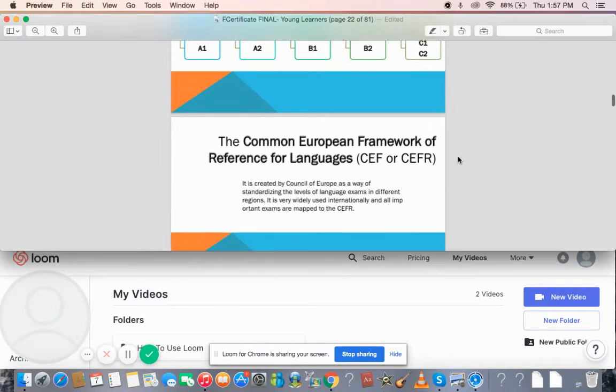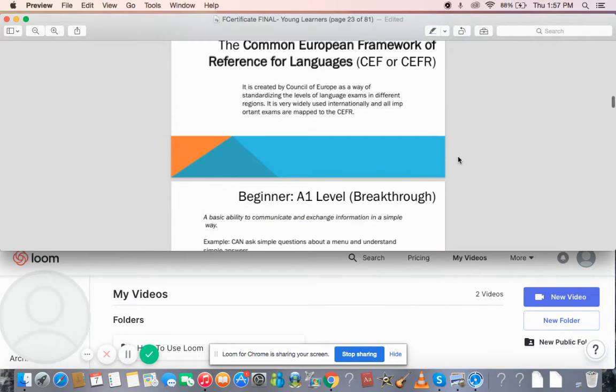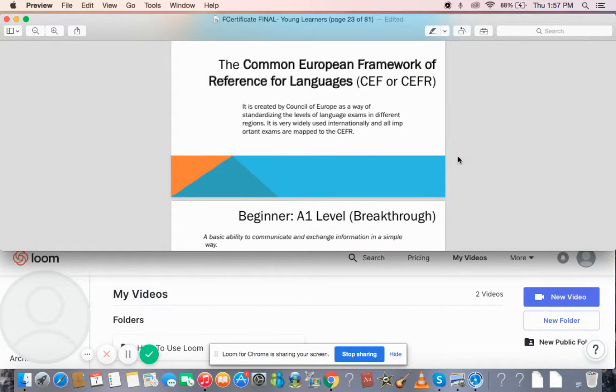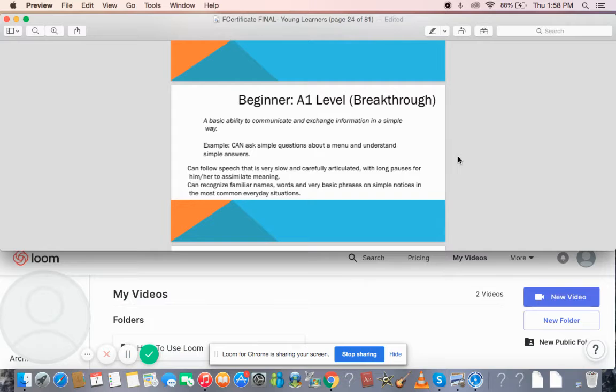So we have the Common European Framework of References for Languages. This aims to standardize the levels of language exams in different regions. Usually it's very common to have this one. We have beginner, which is A1 level, breakthrough, a basic ability to communicate and exchange information in a simple way. For example, they could understand greetings, hi, good morning, good afternoon, sit down, stand up, alphabet, phonetics, basic phrases.